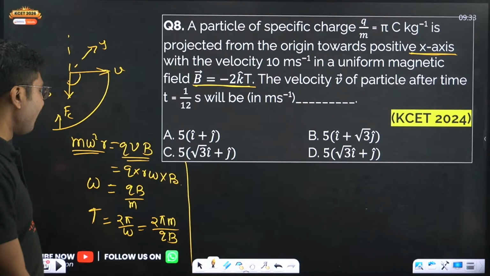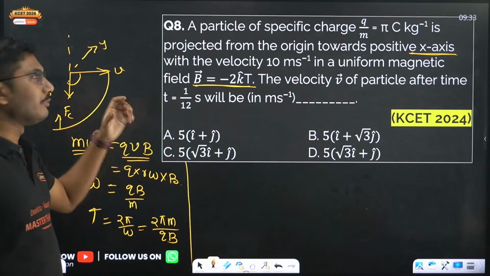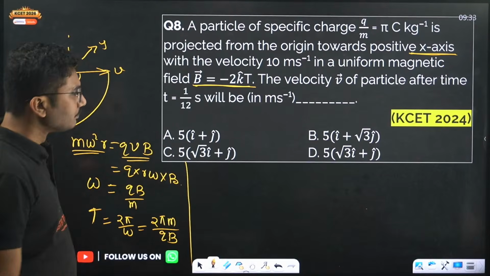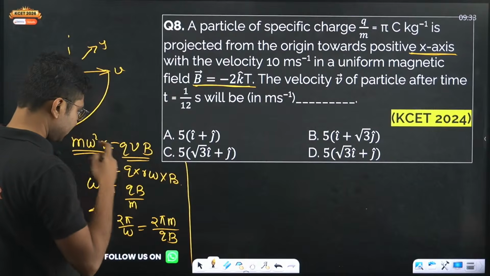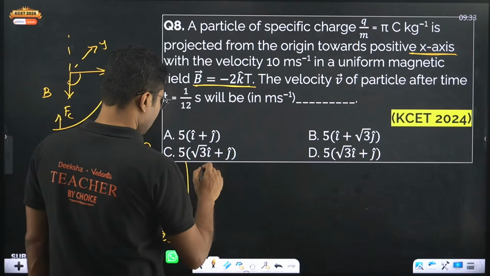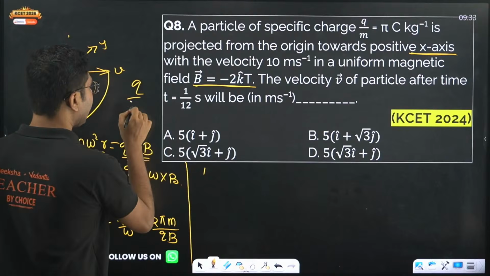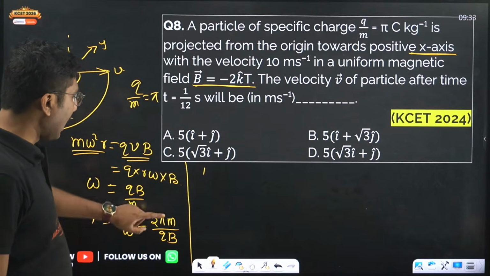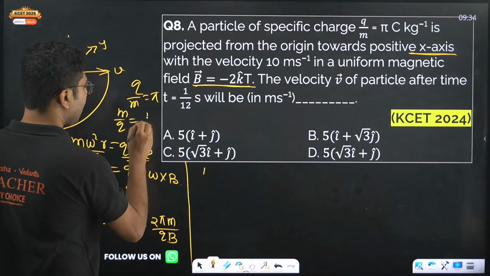Now we will see how much angle it will rotate after t equals 1/12 second. Here q by m is given as pi, so m by q must be equal to 1 by pi.